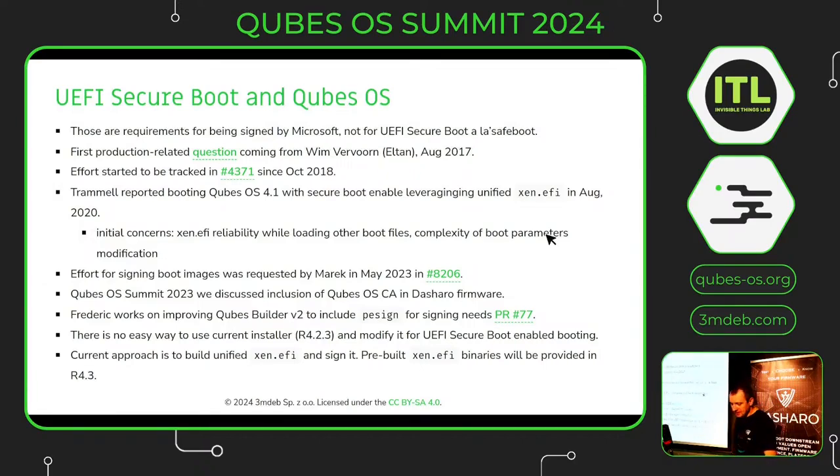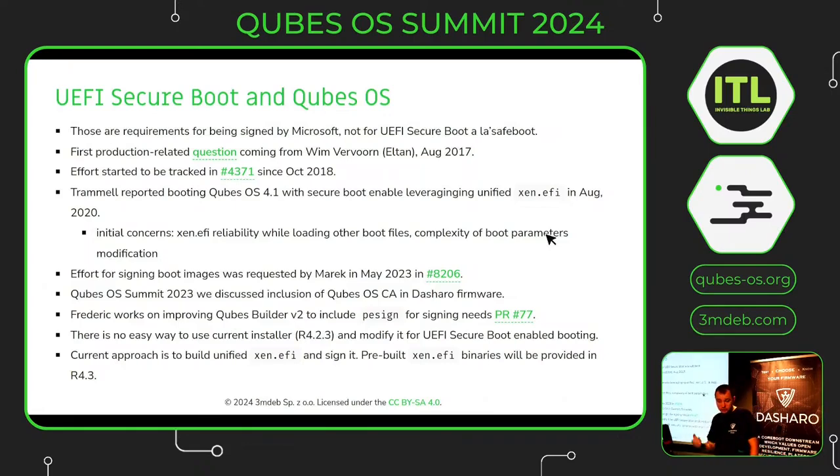Yeah, I have to speed up a little bit. The current approach is to build a unified Xen EFI, and there's already a task for that. There are some pull requests flying, and the plan is to provide pre-built Xen EFI binaries in R4.3.